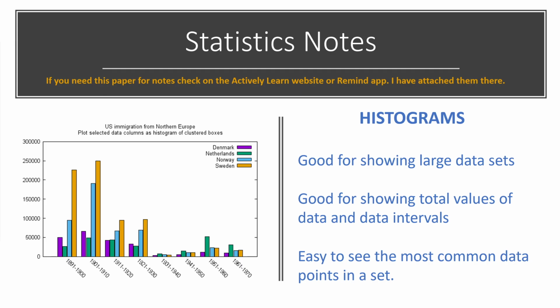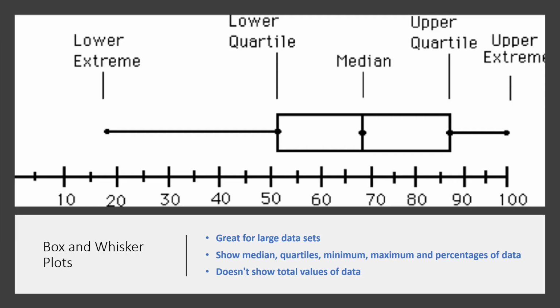The next type of chart we have are box and whisker plots, and these are really great for large sets of data. The one downside to box and whisker plots is that they don't show every single data entry. They show quartiles, and a quartile is called that because each section on a box and whisker represents 25% of the data.